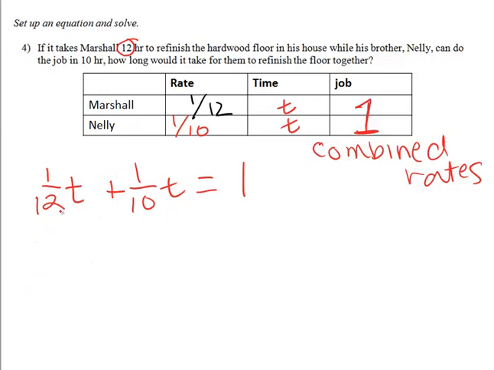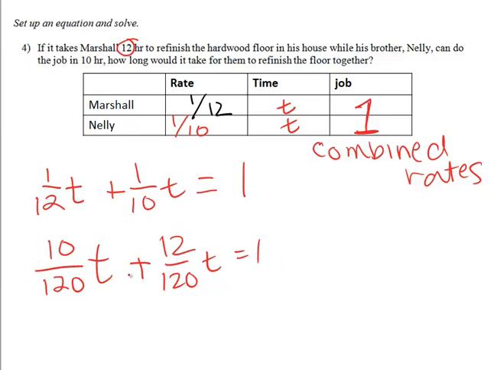I'm going to be lazy and just use 120. 12 goes into 120 10 times, so that's the same as 10 over 120 T. Plus 10 goes into 120 12 times. So I have 22 over 120 T equals 1.